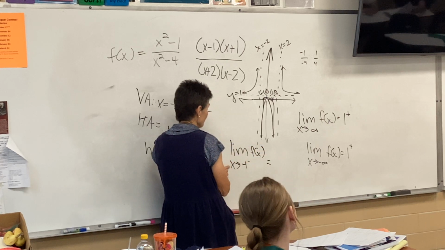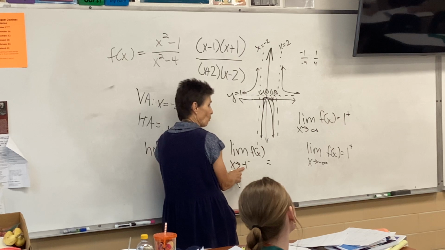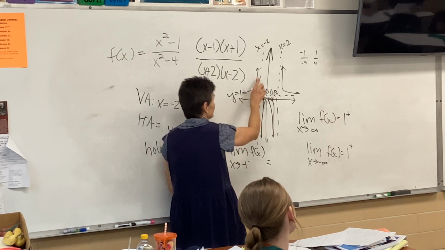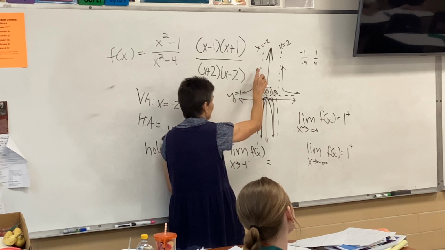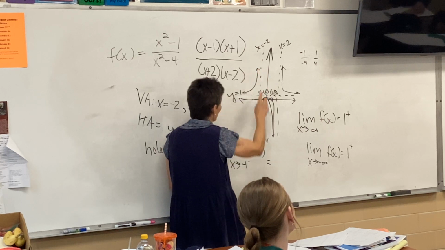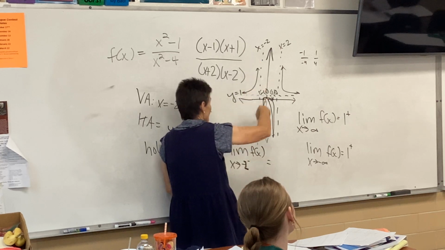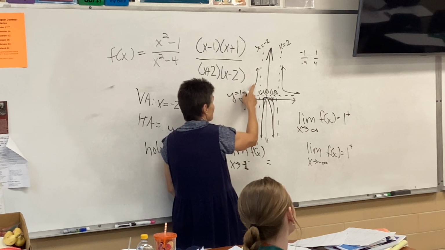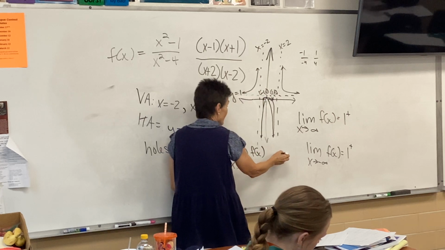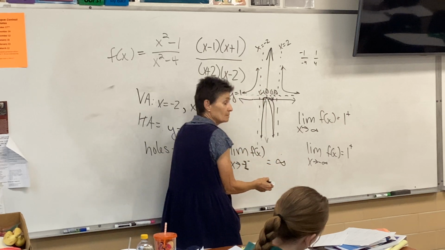What's the limit as x approaches -1 from the left? Positive. Oh, yeah, -2, I mean. Asymptotes at -2. Approaching -2 from the left would be positive infinity.